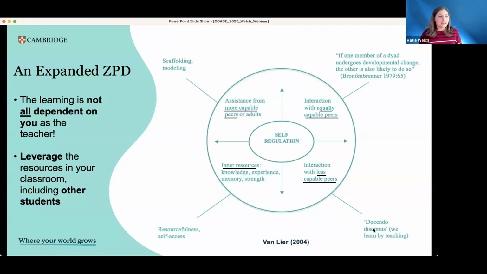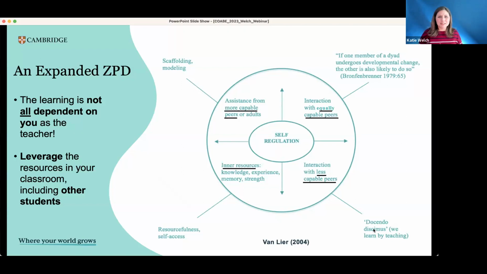In fact, they said that one way to learn is through assistance from a more capable other, like an adult, but also a more capable peer, someone who's a little bit further along in their learning, who can help assist a student. Interaction with equally capable peers. That is, if you have someone on the same ability level, learning can take place there as well.